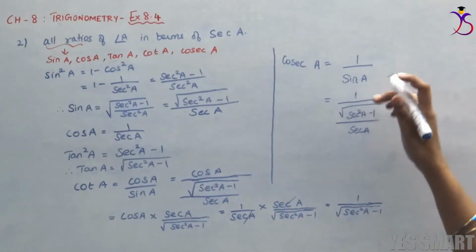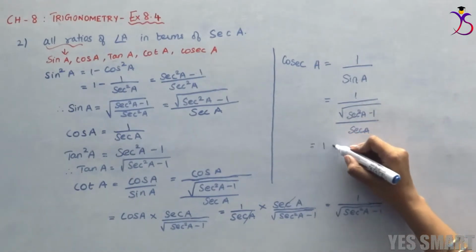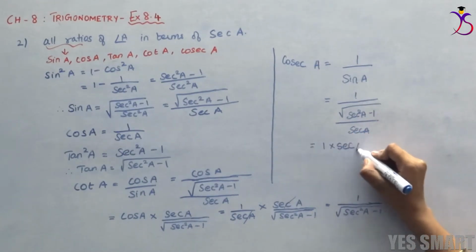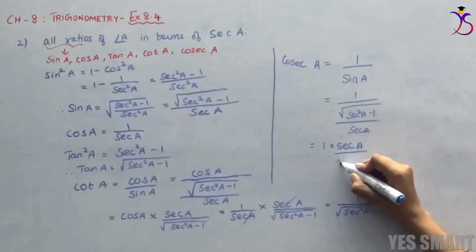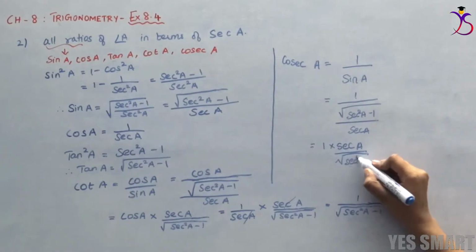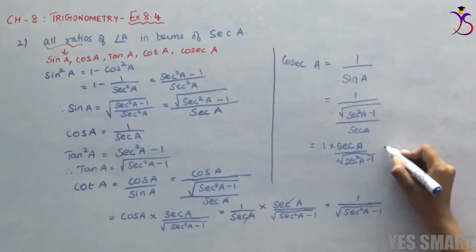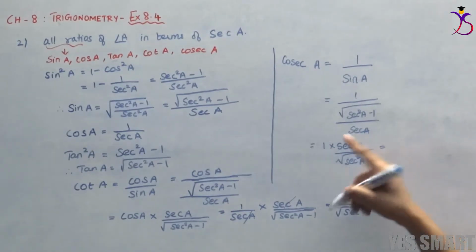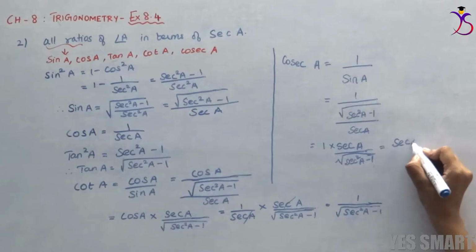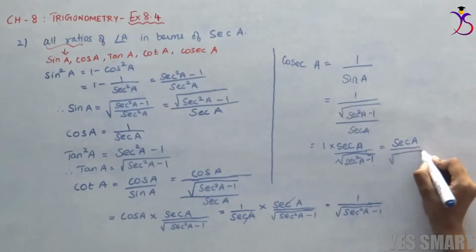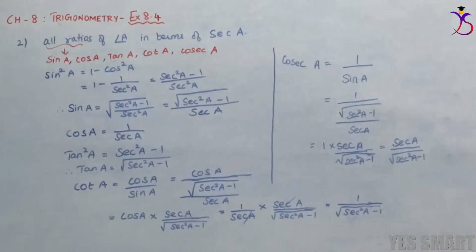On reciprocating and solving, 1 into secant A by square root of secant square A minus 1. Hence this is equal to secant A divided by square root of secant square A minus 1. Hence we have represented cosec A in terms of secant A.